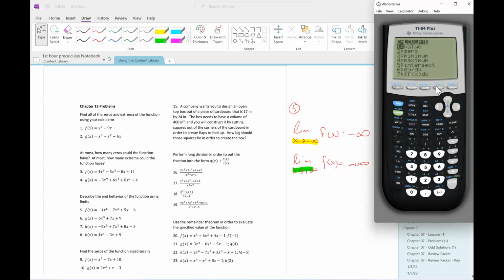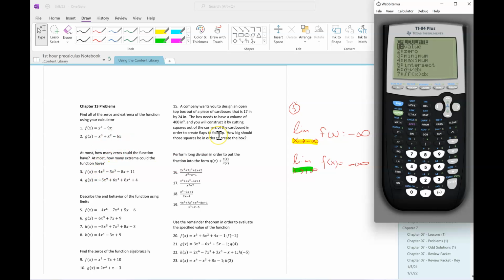Aaron? So for 3 or 4, would you graph that and see how many extrema and zeros it has? No, you can do that just by using a theorem. Okay. All you need to do is look at the degree of the polynomial. So for example, number 3 is degree 5.